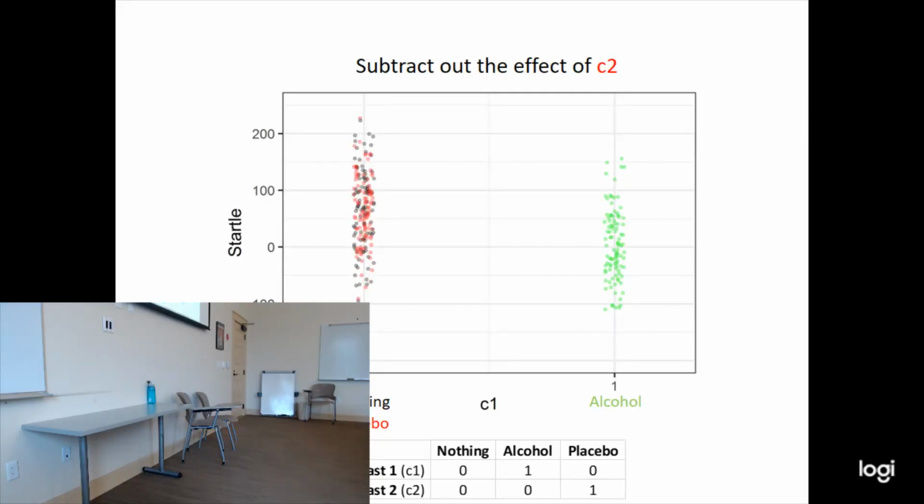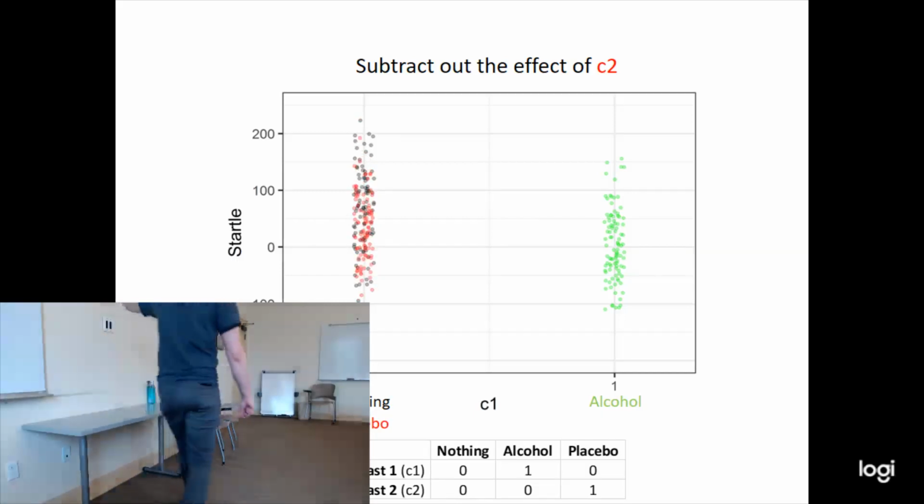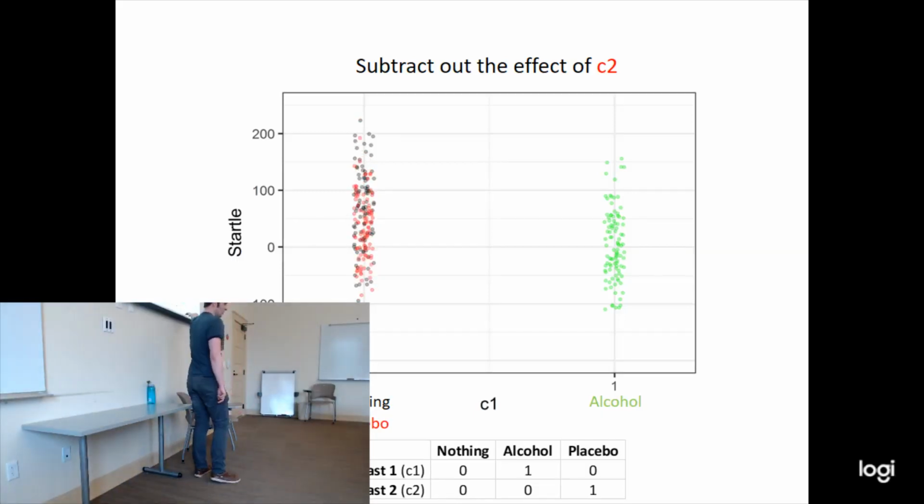An interesting thing that happens here is that only the placebo points are affected. Notice how placebo in C2 is the only variable that gets a 1. So those are the only points that end up getting adjusted. Everything else stays the same. It's like I'm subtracting out the mean difference between placebo and nothing group.